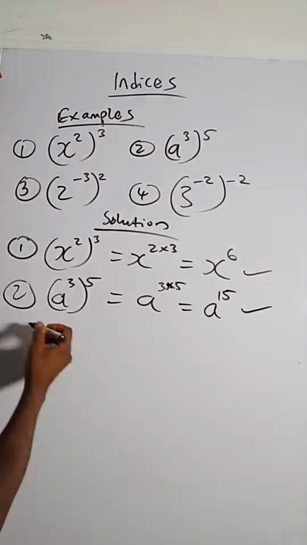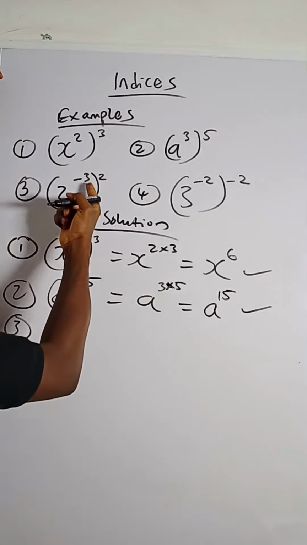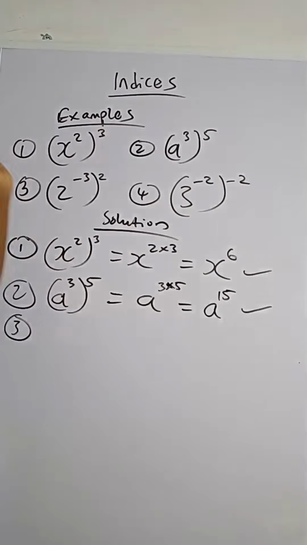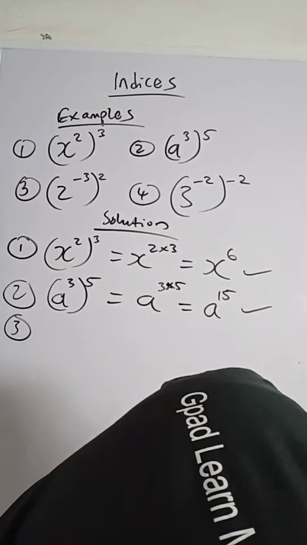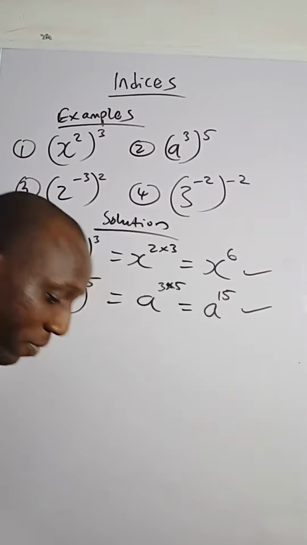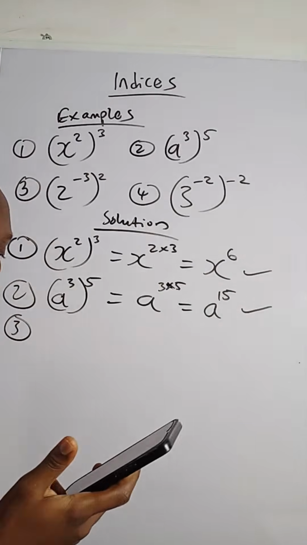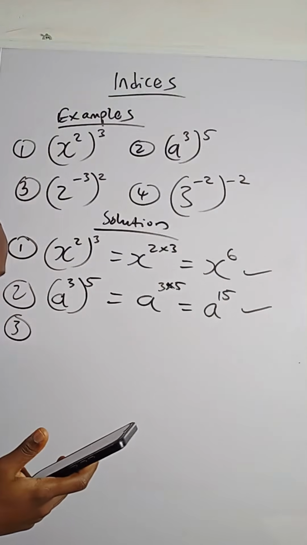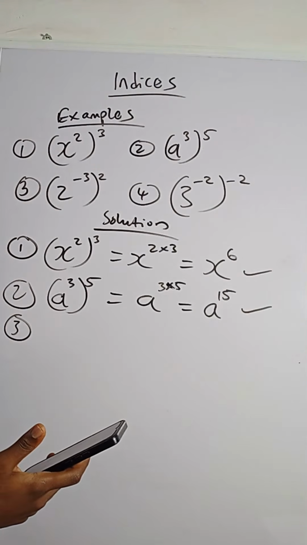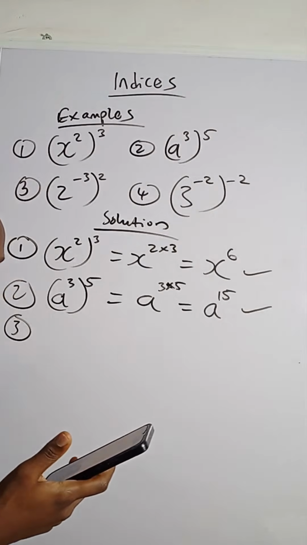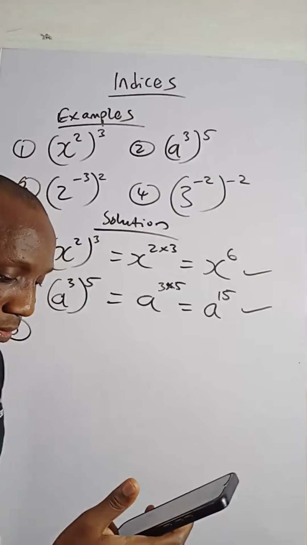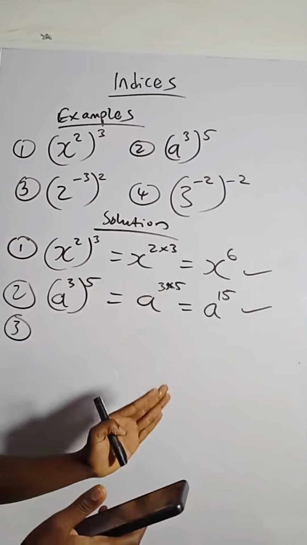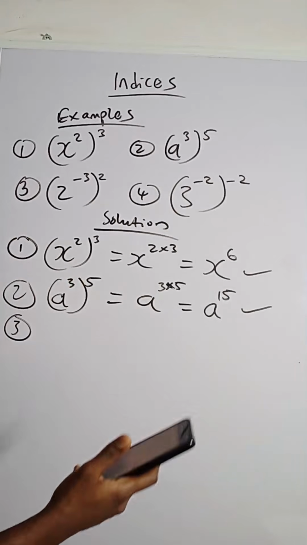There you go. Number 3, see what we have. Who wants to give me the answer to number 3? The final answer, just simplify it to the simplest form. Someone said 2 raised to the power of negative 6.